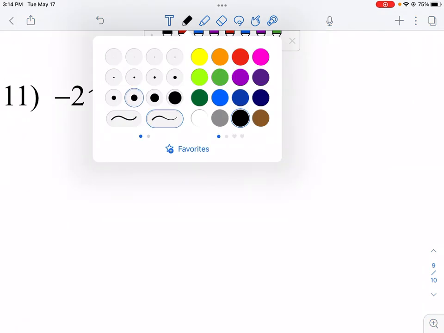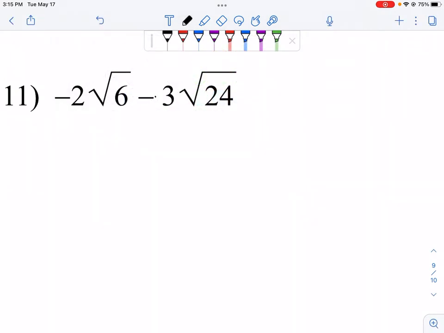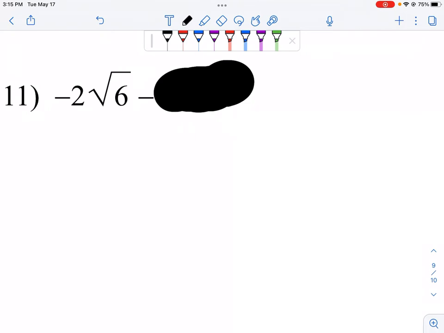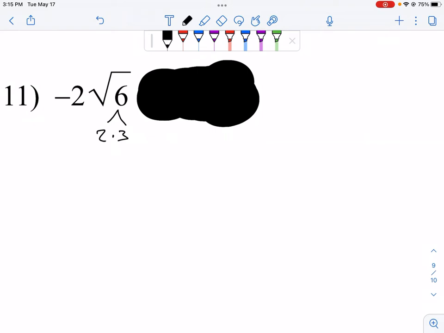So let's think about it like this. I'm just going to cover all that up. Could I break down 6 at all? So 6 is just going to be 2 and 3. So that doesn't break down. So there's no simplifying here. Negative 2 rad 6 is still negative 2 rad 6.